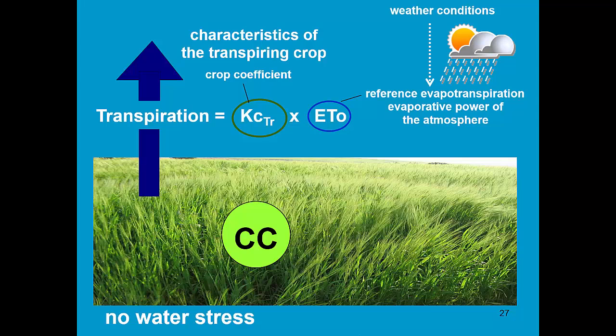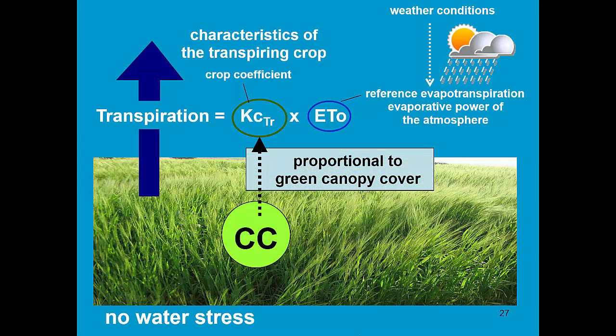The crop coefficient is proportional to Cc, to the green canopy cover. When we have a lot of canopy, Kc will be large and transpiration will be large. When Cc is small, Kc is small and transpiration is limited. So the Kc is proportional to the green canopy cover, and the proportional factor depends on the crop type and expresses how the transpiring crop differs from my reference grass crop.